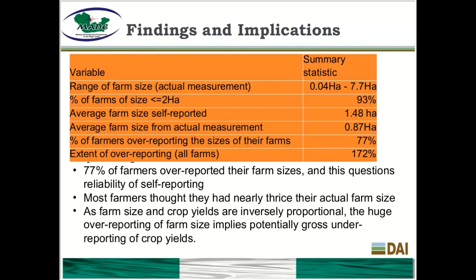So in our own analysis, because of the relationship between the size of farmland and crop yield, we feel that inadvertently people will be under-reporting the crop yield, which also determines the additional income, and that an app like Distance and Area Measure may be a good alternative to self-reporting by farmers.